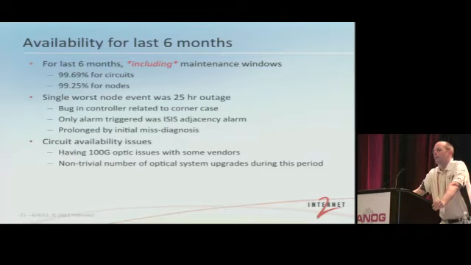Due to the way we were monitoring things, the only thing that presented itself to our network operations center was an ISIS adjacency alarm. So this prolonged the outage because it was misdiagnosed. The lesson there is that it's tricky to make sure you've got the right level of monitoring and the right level of training, and this is a bit of a growing pain.